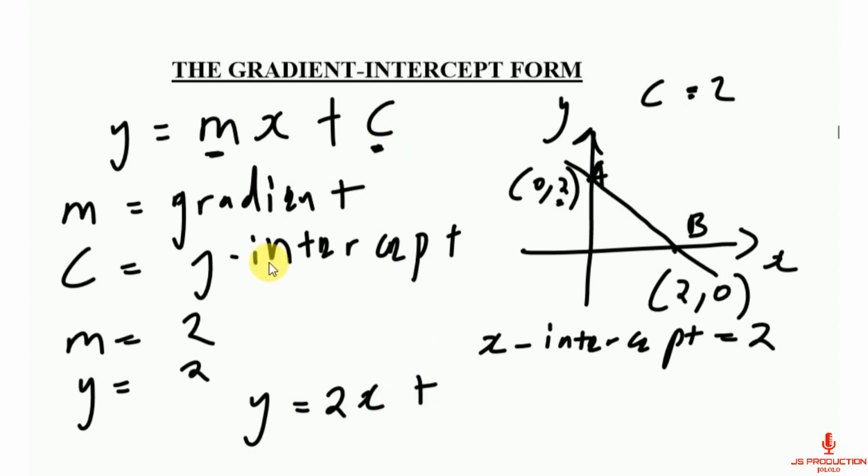We know c is the y-intercept, and we've been given that our y-intercept is 2. So this will be your equation of the straight line: y = 2x + 2.